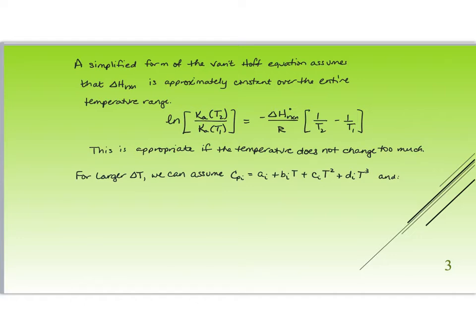If we look at C sub P as a function of temperature, and we'll just use a simple cubic expression for that, then when the temperature change is larger, I can use the heat of reaction at standard state and add this temperature change expression, so the integral of C sub P dT, and end up with a more complex but better expression for the relationship between Ka at T2 and T1.